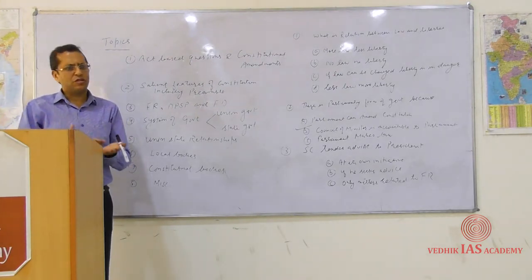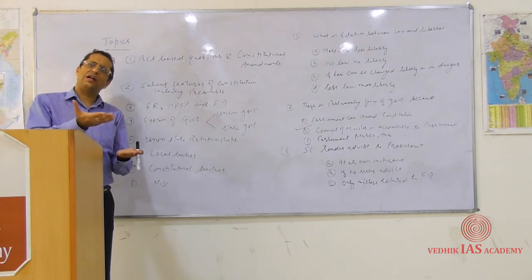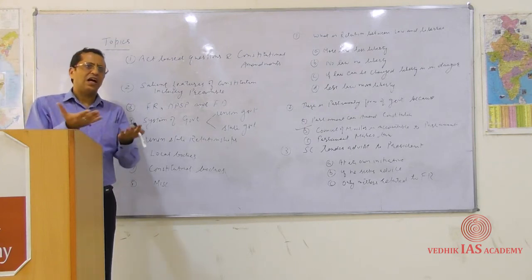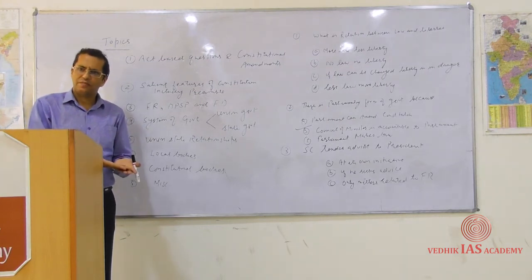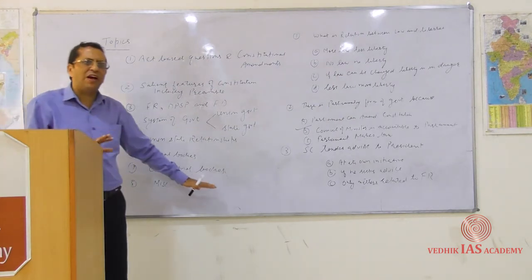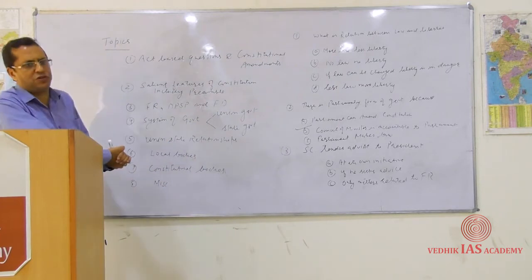Very simple. The council of ministers is dissolved, and the legislature, either it can be dissolved or it cannot be dissolved. It can be suspended. So here you will find only such kind of questions.